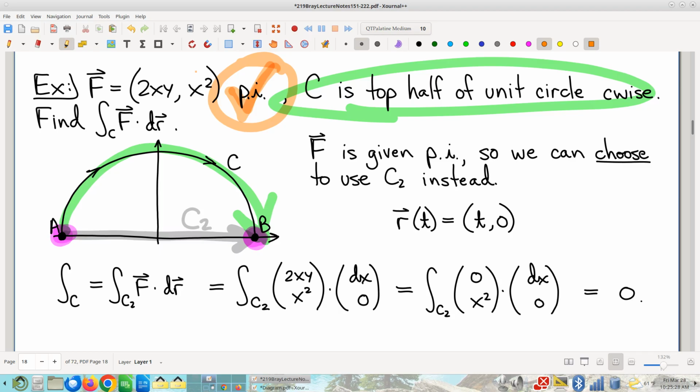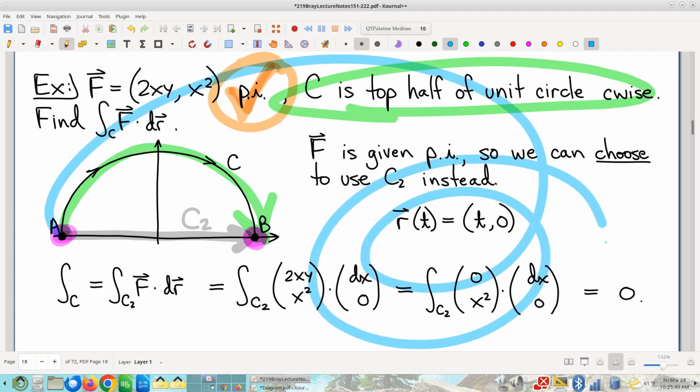Any path you want, as long as it starts and ends appropriately, right? So for a silly example, I could take that path. Totally cool. Starts at the right point, ends at the right point. All good. Feel free to compute the integral over the blue curve instead of the green curve. It'll give you the exact same answer. And you have a million other options, all sorts of wackiness, whatever. Fine.